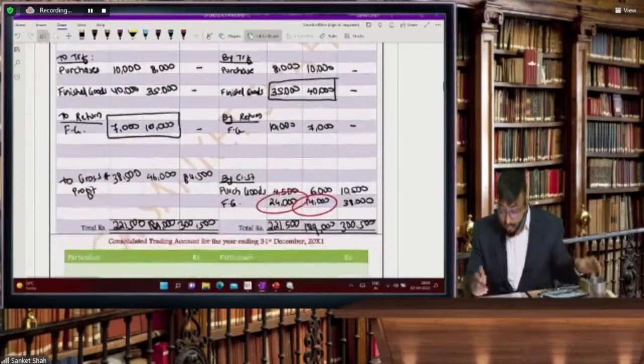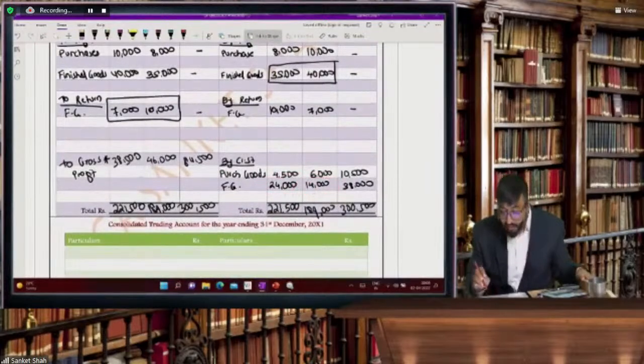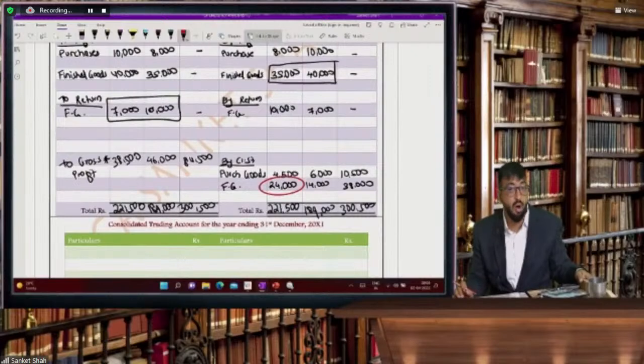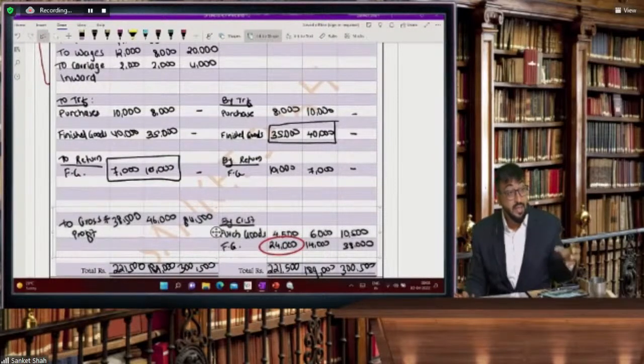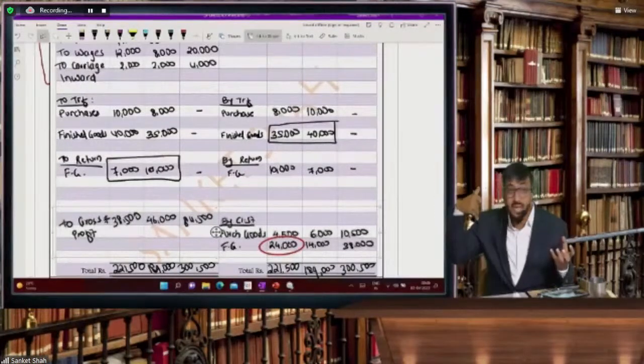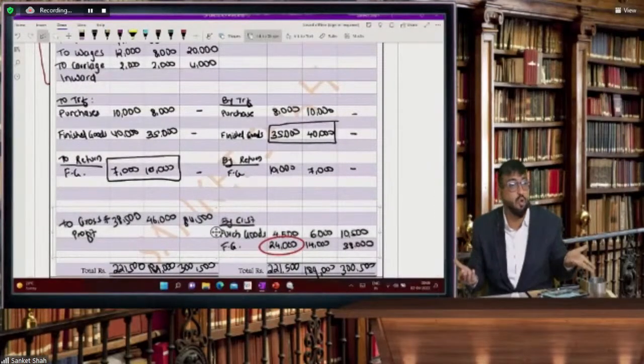So this closing stock of 24,000 is not consisting only of internal transfer. Internal transfer out of this is only 20%, my friend, of another department. Okay, so 24,000 closing stock. It includes what is received from B because it has own manufacturing cost also.